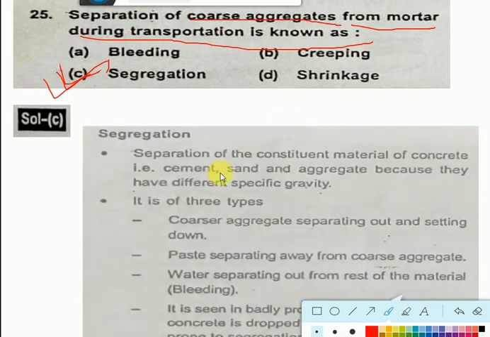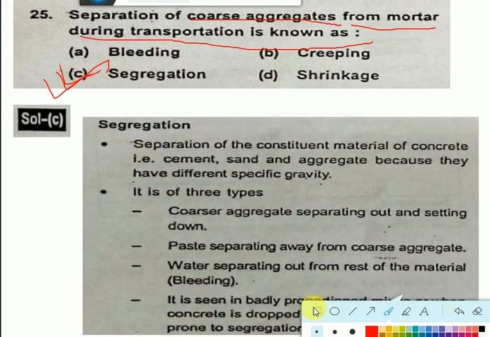In segregation we have three major types: coarse aggregate separating out by settling down, or the paste separating away from the coarse aggregate, or water separating out from the rest of the material, which we call bleeding. Bleeding is a part of segregation. You have to remember, bleeding is a part of segregation.